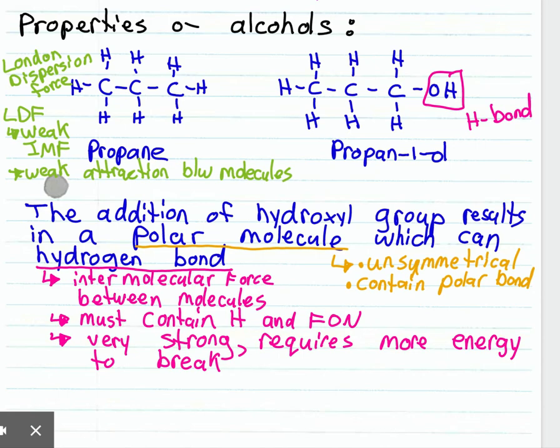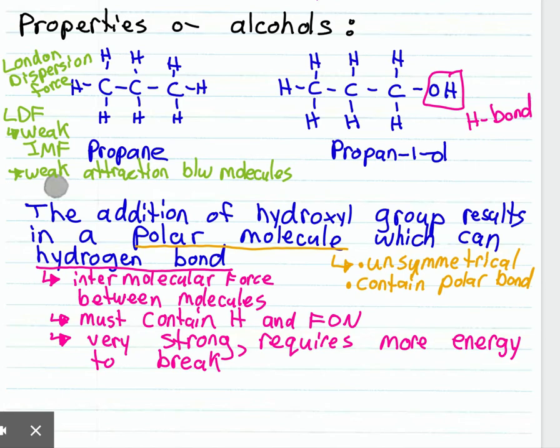So just remember that now you are changing the polarity of your molecule, and you're now having something that is more strongly attracted to other molecules and water. Okay. If you need a reminder on bond polarity and intermolecular forces, you need to jump into the 3U reference site and go look at those lessons.